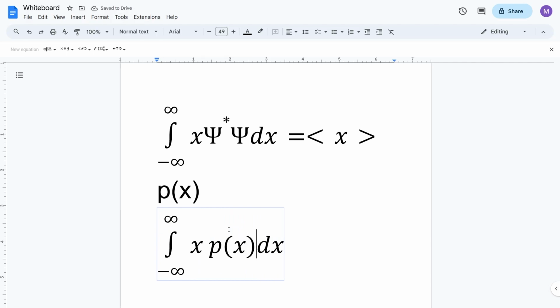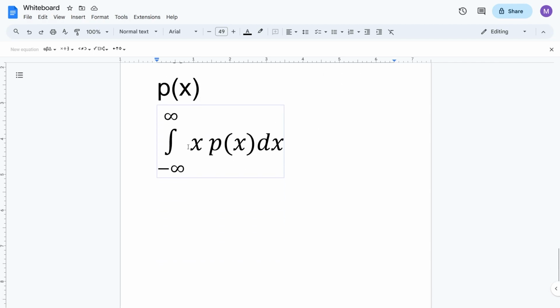So for example, if you go back to the basketball example from the video, if you were to take the function that we created and take an integral of x times this function, you would get the expected value from it.